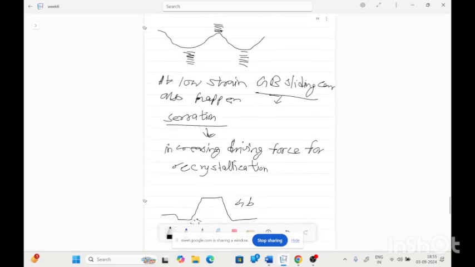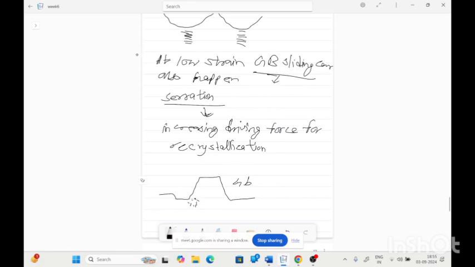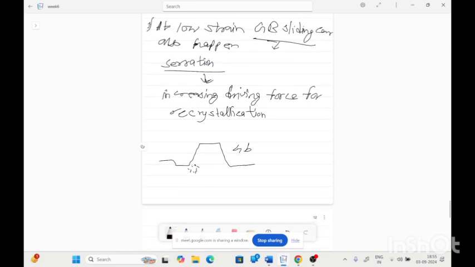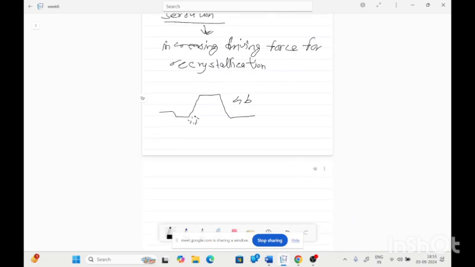Yeah, so this is the mechanism happening during the discontinuous dynamic recrystallization. So first is that at low strain grain boundary sliding happens, that will lead to serrations near the boundaries. Second is the, so this is the mechanism of the grain boundary sliding.